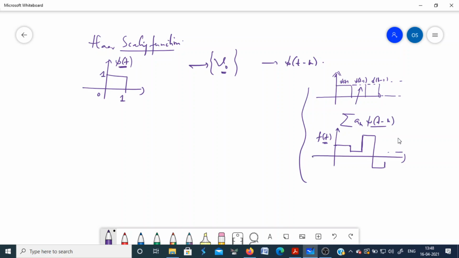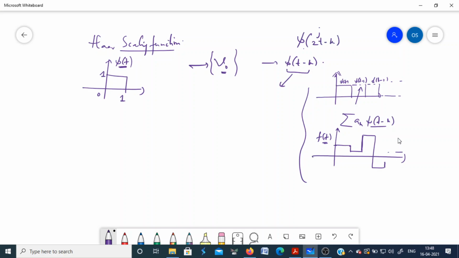Now what we are saying is that you can increase the space of the scaling functions by changing the scale of the scaling function. It means from phi, we are now generating phi of 2 to the power j t minus k.